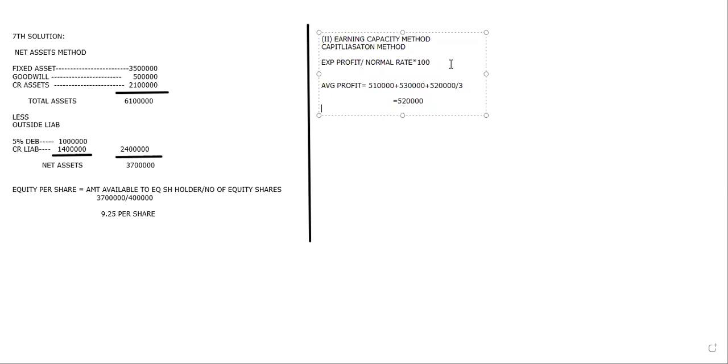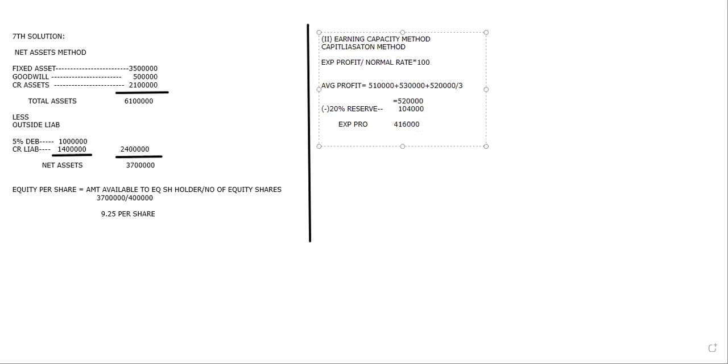Now from this, he said 20% has to be taken out as reserve. So deduct 20%, which is 1,04,000. Therefore the expected profit, if we subtract, is 4,16,000.